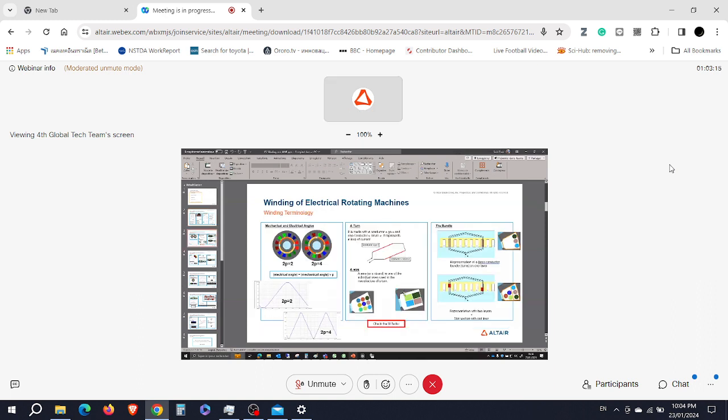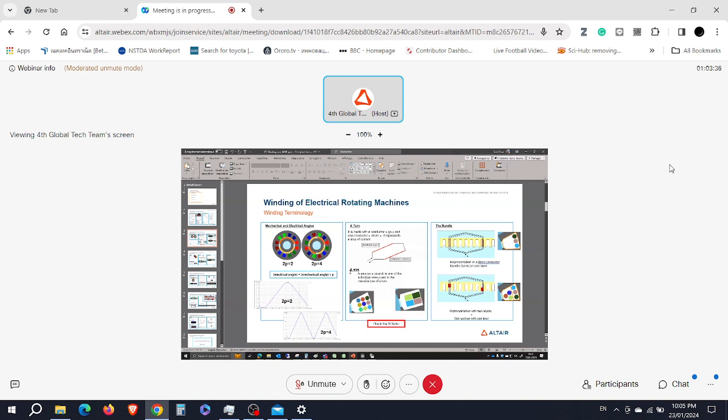Let's talk now, once again, about electrical angle and mechanical angle. I said that the electrical angle is equal to the mechanical angle if the number of poles is equal to 2, then P is equal to 1.